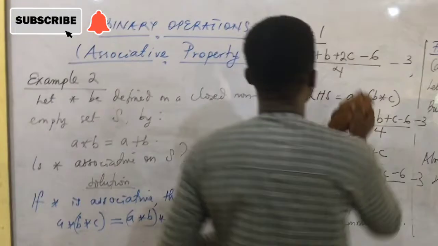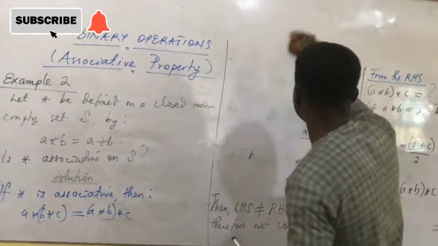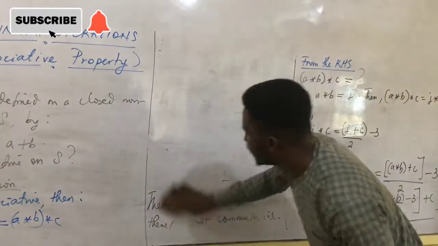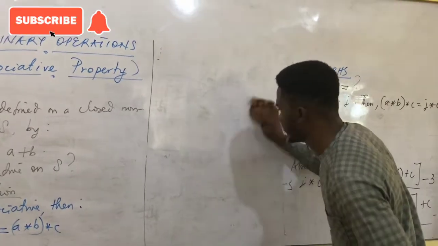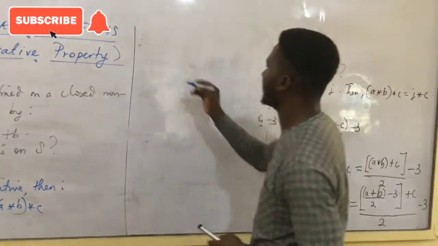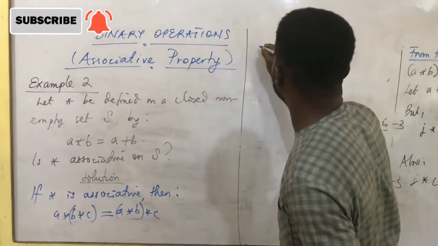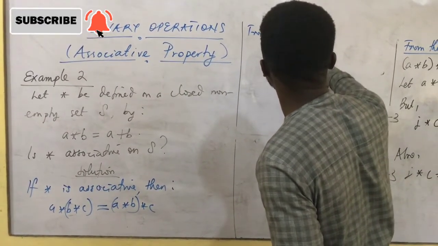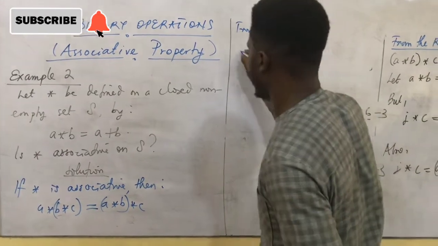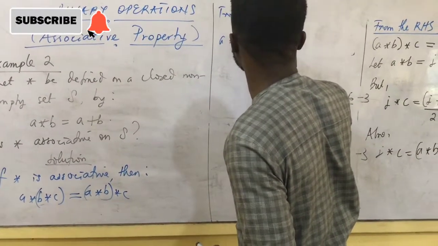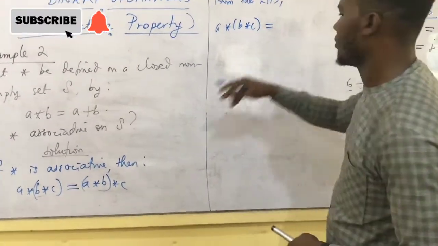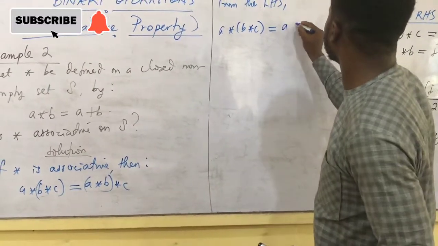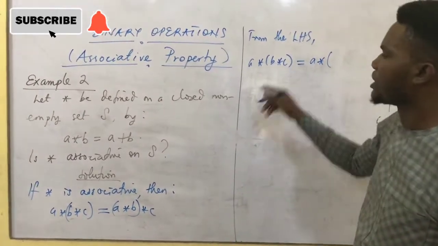The routine will take us straight to what we had done earlier on. Let's go back to what we had done earlier on. So, what does the routine demand? We are going to start with the left-hand side.